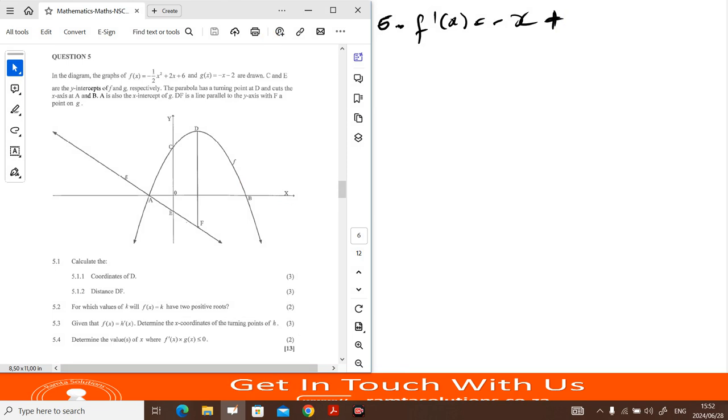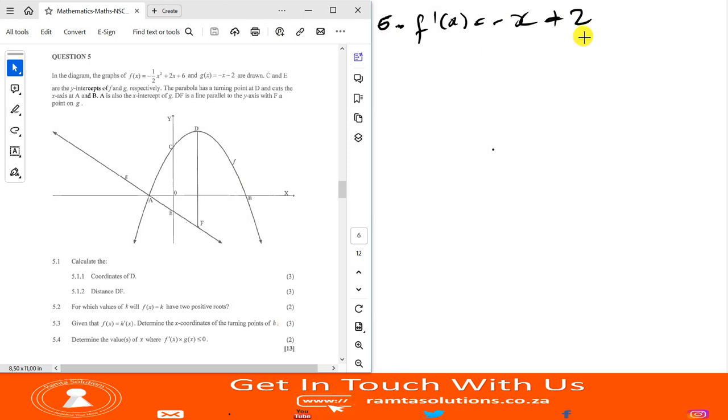So it's going to be negative x plus 2. Remember g of x is equal to negative x minus 2.